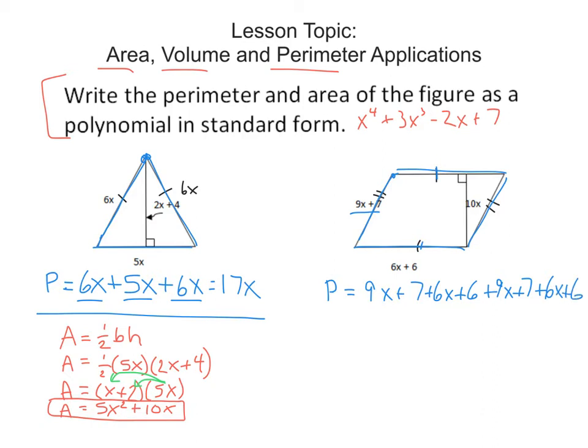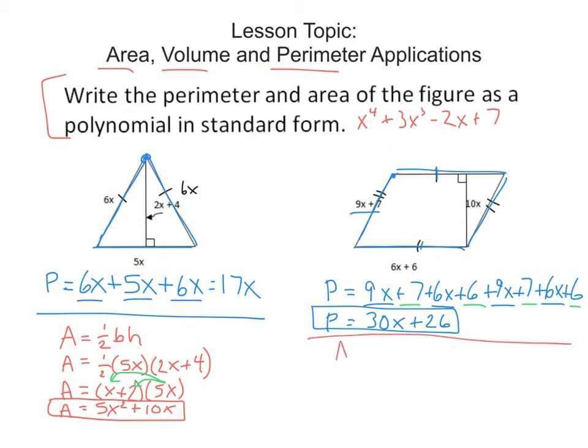Now combining like terms, we have 9x plus 6x plus 9x plus 6x. So that will give us 30x. And then we have 7 and 6 and 7 and 6, which is 26. So plus 26. And there is our perimeter.